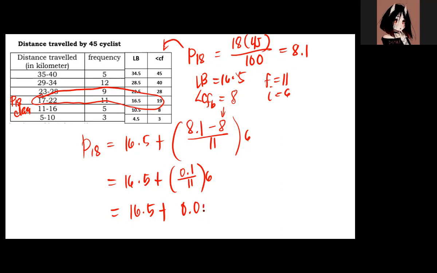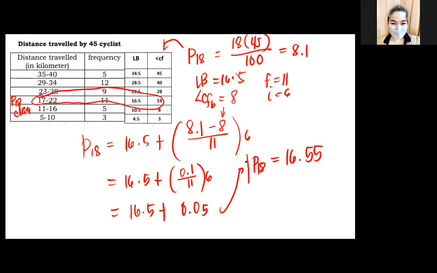That's 0.05. So, ano yung magiging P sub 18 natin? Our P sub 18 is 16.55. Yan. Okay na?